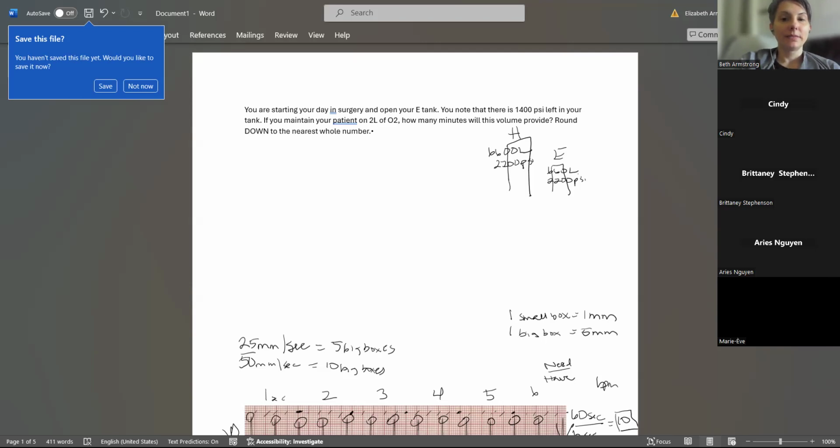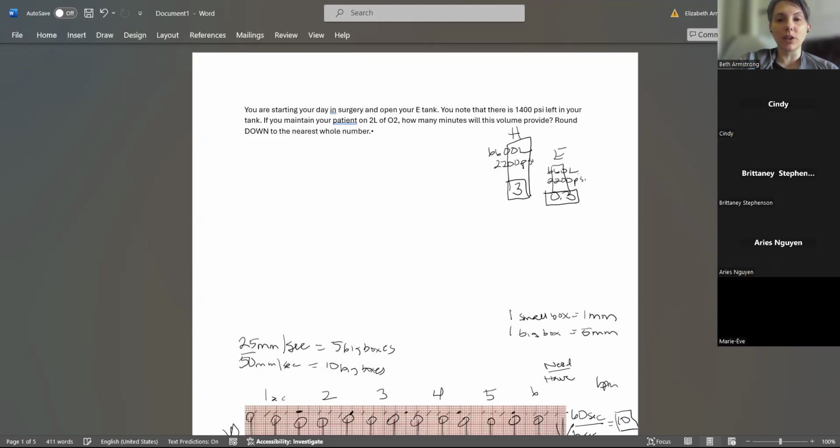Sorry, 3. So 6,600 divided by 2,200, we get 3. So this is a constant in order to do our problem. That's why I'm telling you this. Now, 660 divided by 2,200 is 0.3. So that's a constant that we'll use.